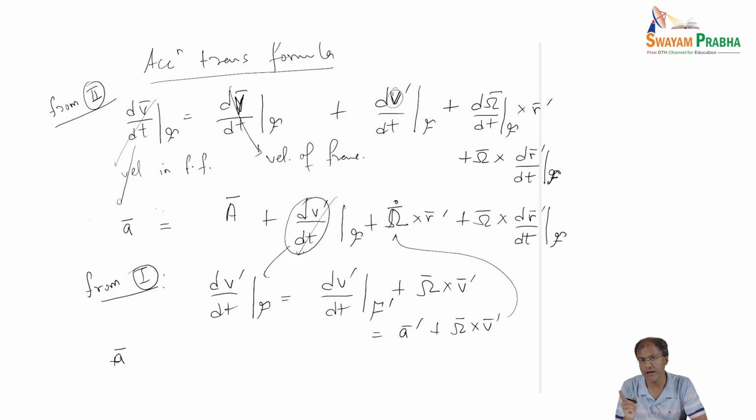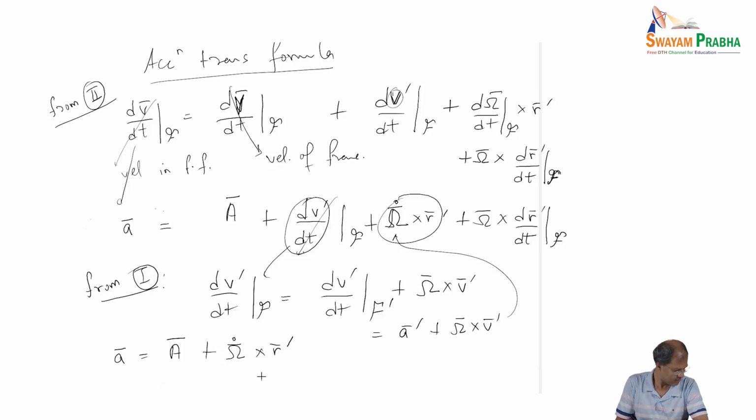and we see that our net acceleration of the object in the inertial frame, that is the fixed frame, is equal to the acceleration of the frame, plus this quantity omega dot cross r prime, and then we are going to club some terms.